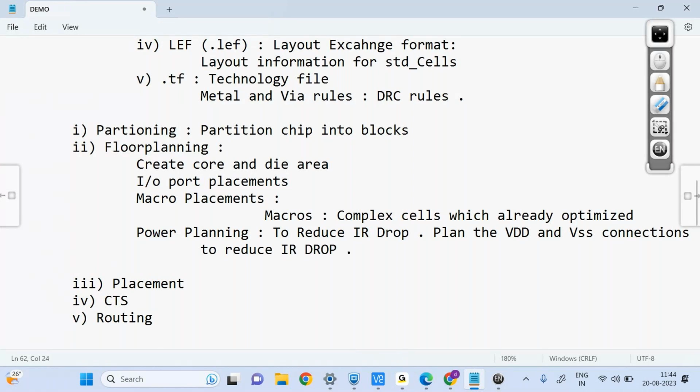Here we'll create rings, straps and rails, and connect them. That is called power planning. What methods do we use to reduce IR drop? Right now I'm only discussing why this step is used. How to do it, we'll study in the course.